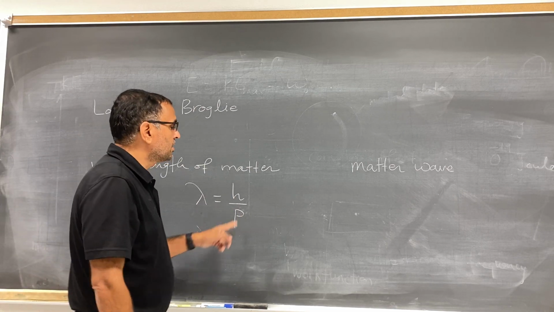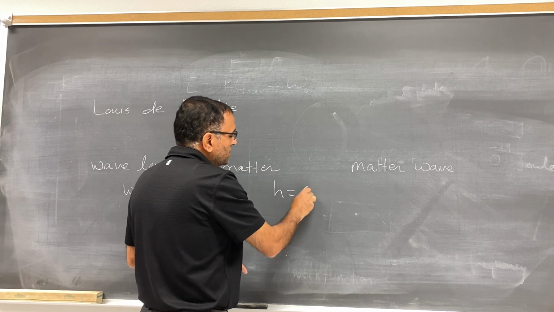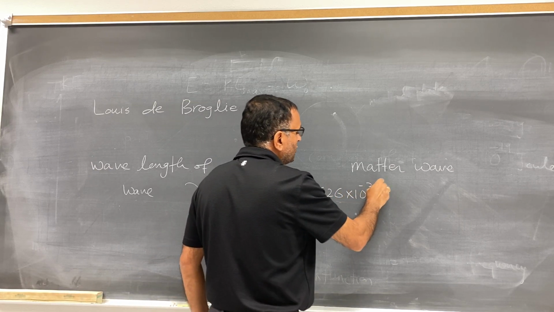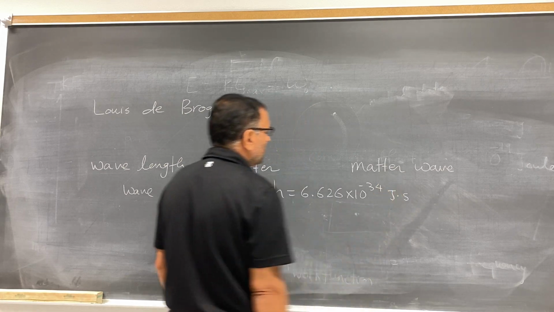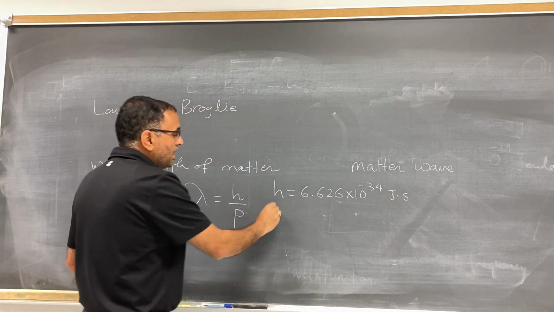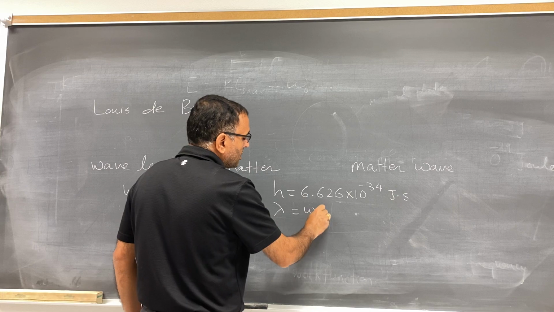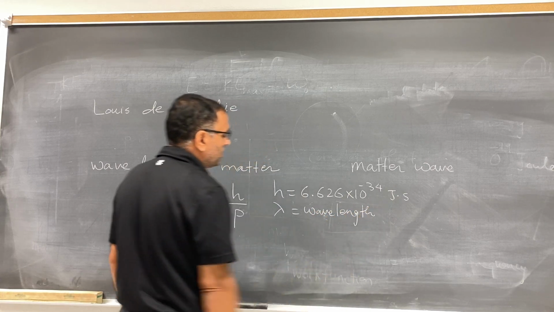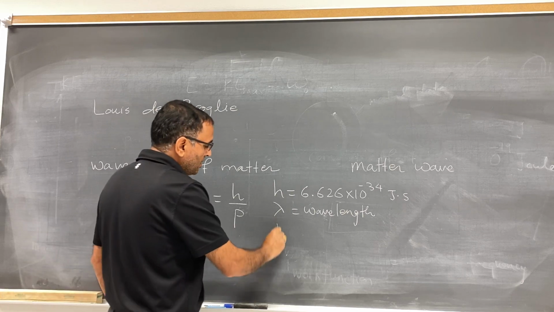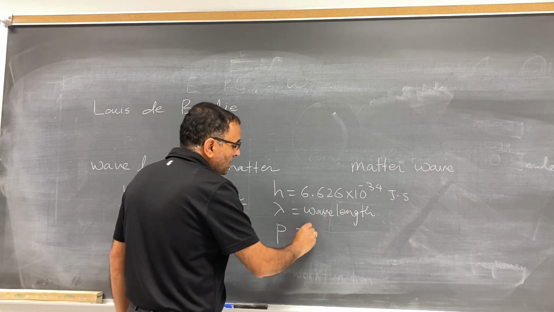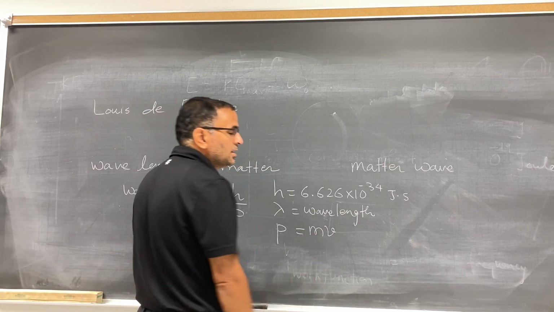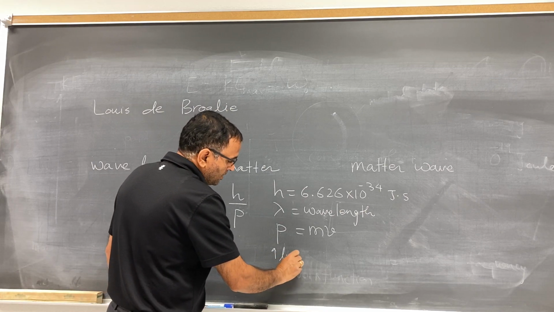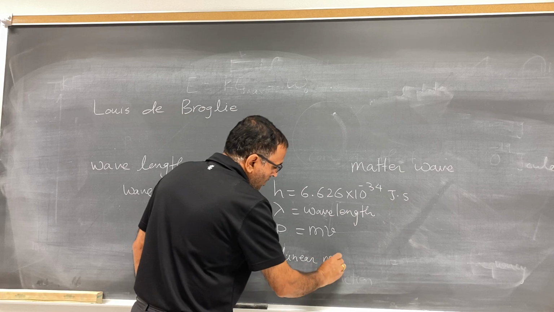Planck's constant. I already told you, this is 6.626 times 10 to the power negative 34 joule second. Lambda is the wavelength of the matter wave. Actually, we use the same lambda to represent the wavelength. What is p? P is mass times velocity, momentum. This is linear momentum.